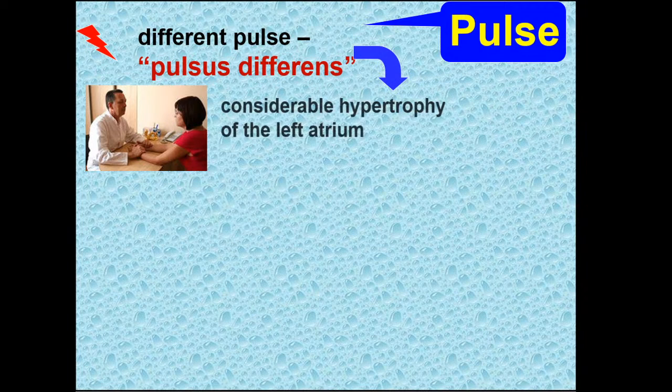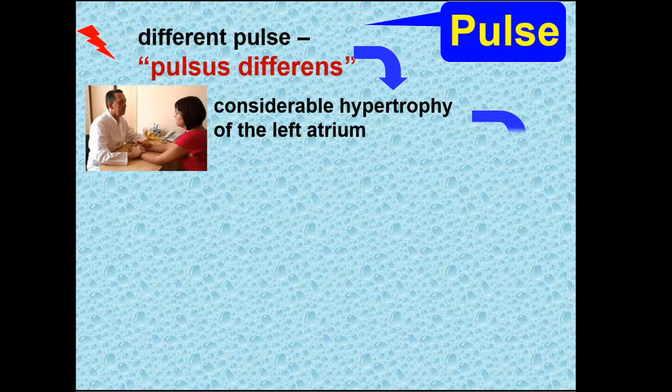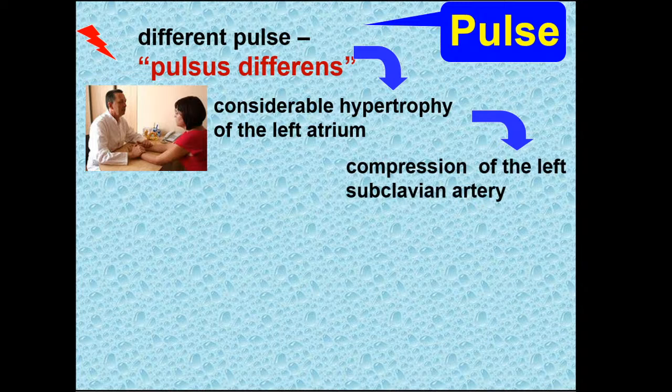Because the hypertrophied left atrium compresses the left subclavian artery and blood flow through the left subclavian artery becomes restricted. As a result, the left radial artery will be palpated worse than the right. Pulsus differens.